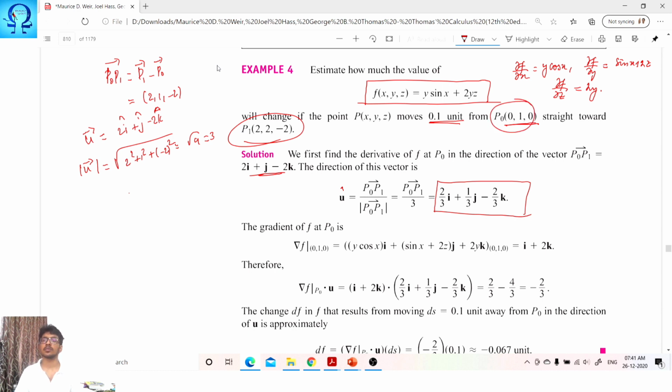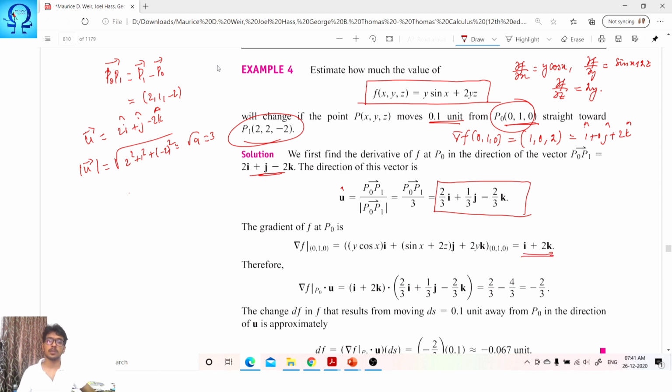We are moving from this point, so this is the point that you have to plug in. If we evaluate del f at the point (0, 1, 0), x is 0 and y is 1, so you will have 1 here. Here, x is 0 and z is also 0, therefore you are going to get 0. And here your y value is 1, therefore it is 2. So (1, 0, 2), which may also be written as i vector plus 0 j vector plus 2k vector.